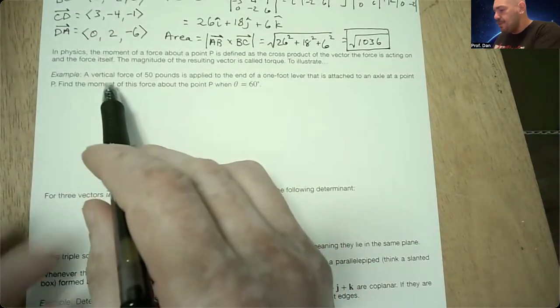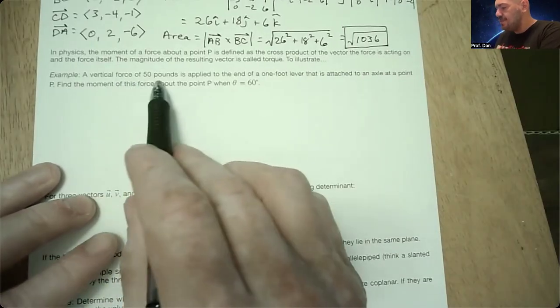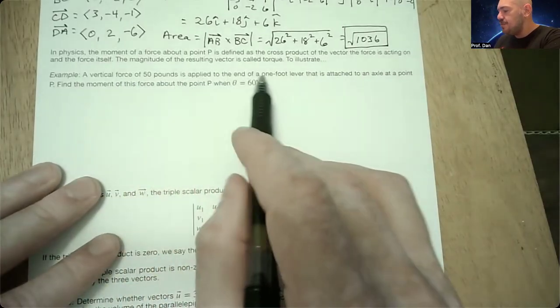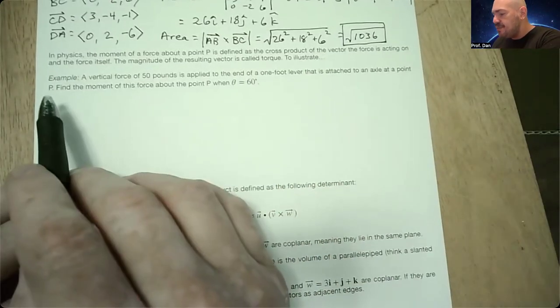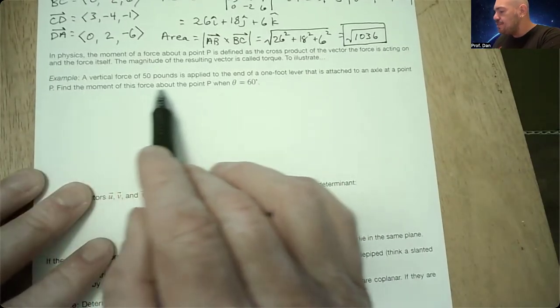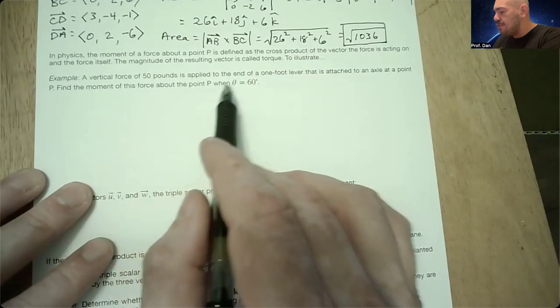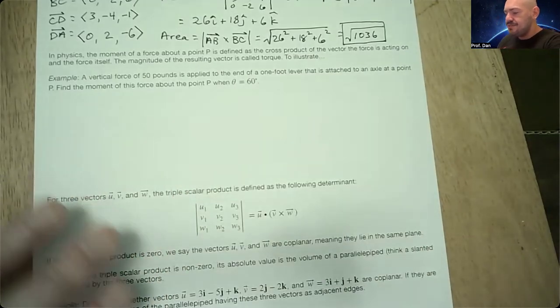So let's say that we have a vertical force of 50 pounds applied to the end of a 1 foot lever that is attached to an axle at a point P. Find the moment of this force about the point P when theta is equal to 60 degrees.